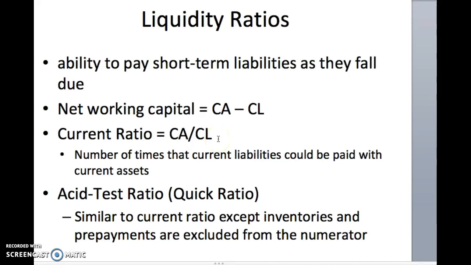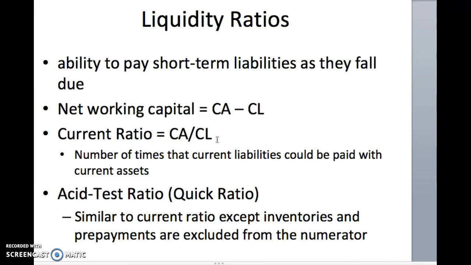Now, you may be thinking, what if you get 1? Then it means that your current assets are equal to your current liabilities, which means your current assets can only cover for your current liabilities once. After you've paid for your current liabilities, then you won't have current assets to serve as a resource for your company.